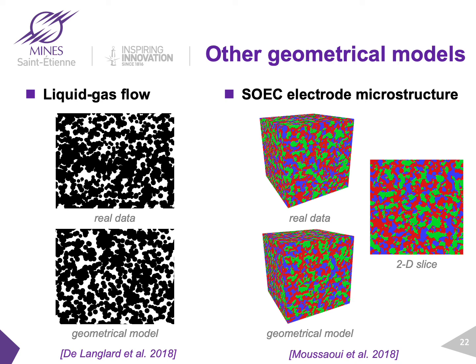So again, we have defined a model that we can fit to the real data, and as I told you, inversely to be able to extract some useful geometrical and morphological information about the different phases and also the interphases.